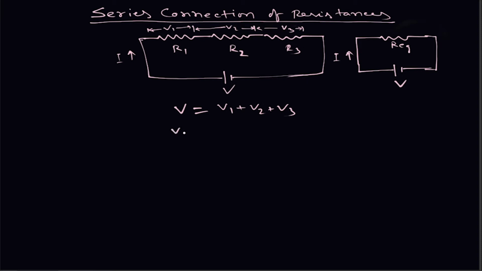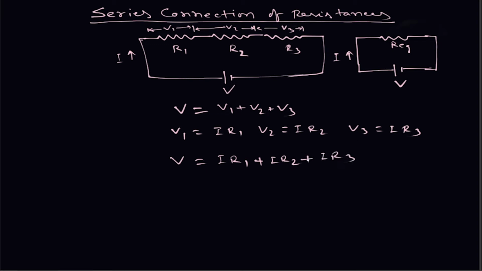So we'll put all these values here. So V is equal to IR1 plus IR2 plus IR3.